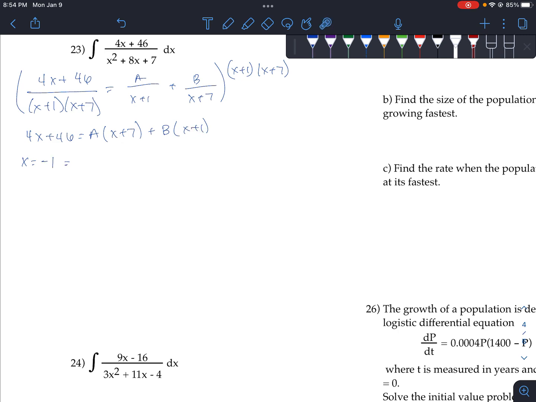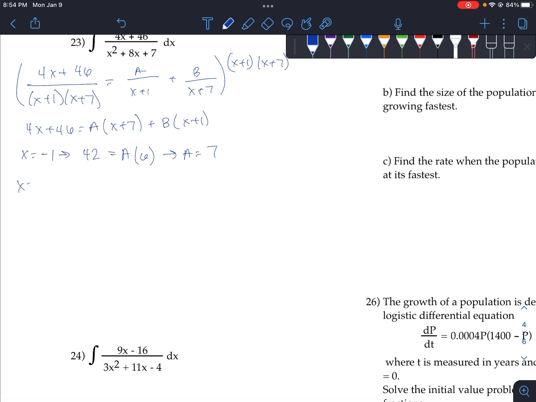Okay, so if x is equal to negative 1, that's going to make it negative 4 plus 46, so that should be 42 equal to A times, that's going to be 6 right there. So that means A is going to be equal to 7, right? Yeah, so A is equal to 7.